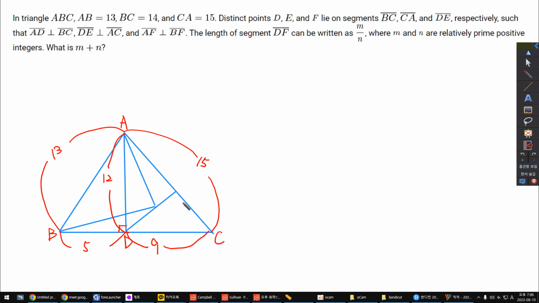And then DE is perpendicular to AC, and AF is perpendicular to BF.